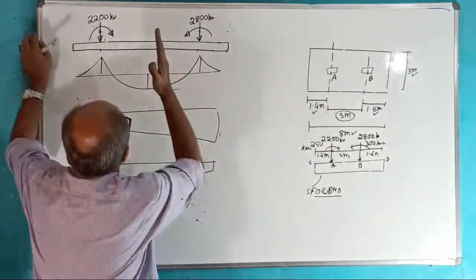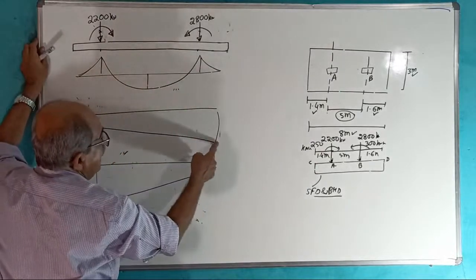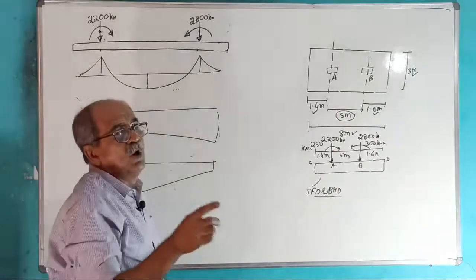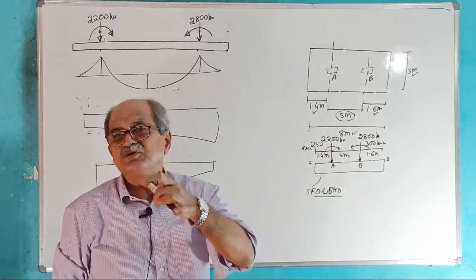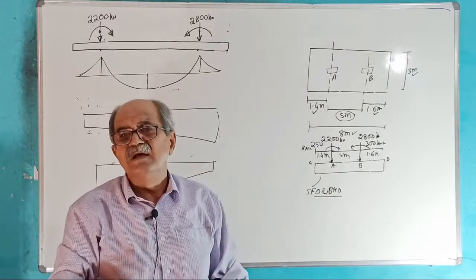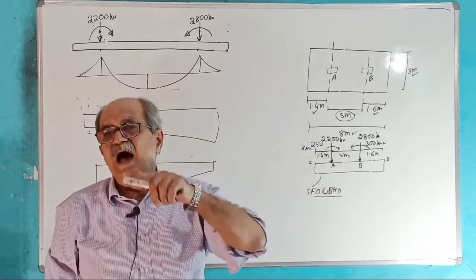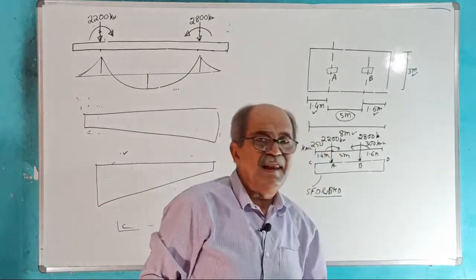From the center of the footing, if the resultant comes to this side, there is more load here, so the upward pressure is more. Actually, pressure will be in kilonewton per meter square. That kilonewton per meter square, you have to convert to kilonewton per meter. I will convert it in the RCC class, and I will show you how to convert it. And the ETAP class. This class, that's all.